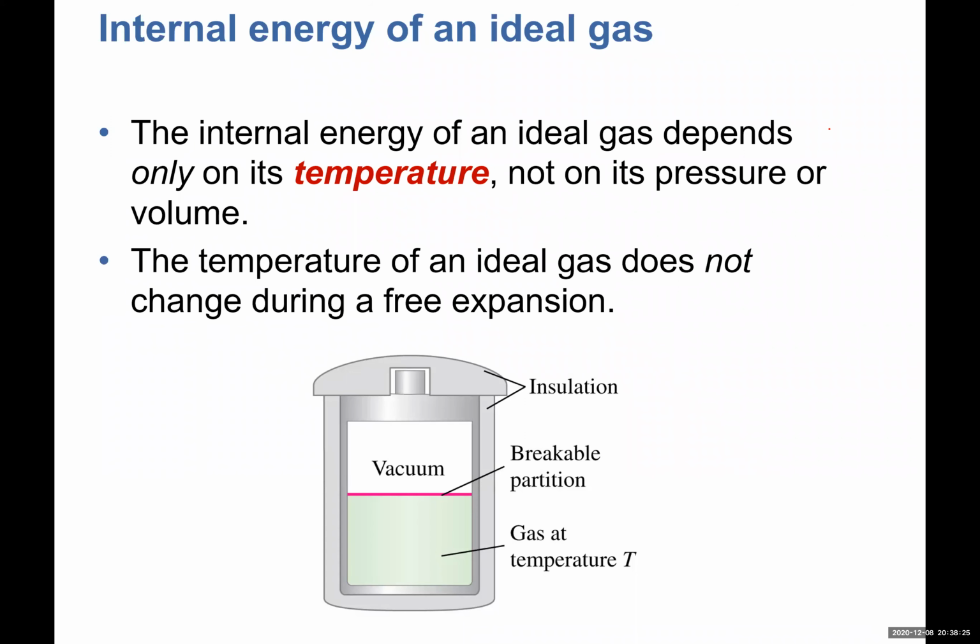So whenever we're considering, let's say, free expansion, the temperature of an ideal gas does not change, and the equation for the internal energy, the one that is proportional to the temperature, can be written as energy equals 3/2 nRT.